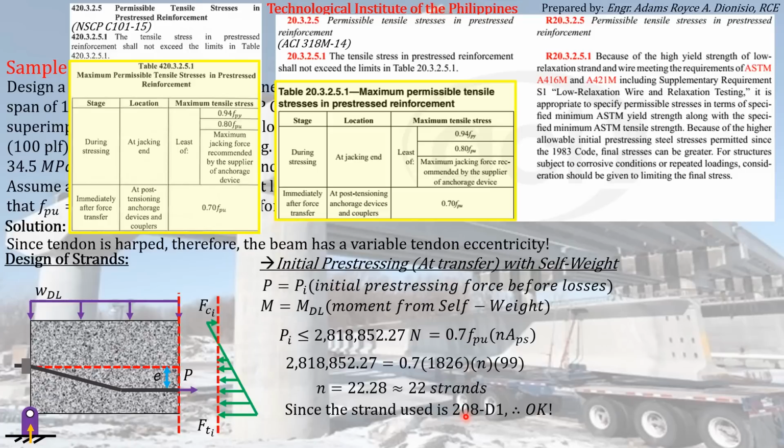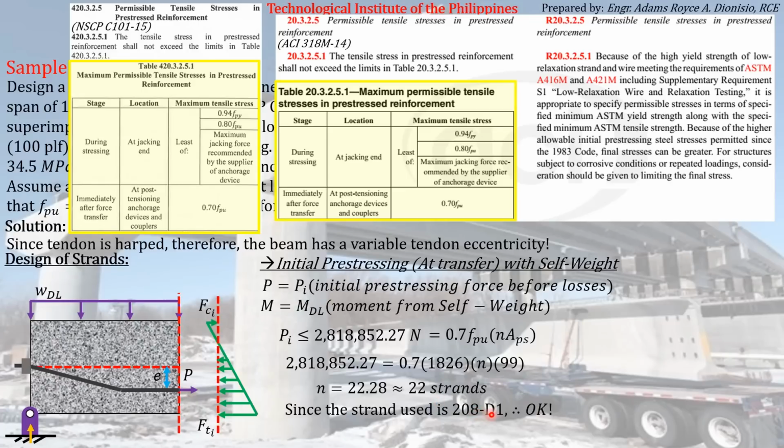So 20 means there are 20 strands in this particular strand pattern. The third digit here is actually the diameter of the strand with respect to 16ths of an inch. So meaning the diameter of the strand that is used here on this particular strand pattern is 8 over 16 inches, or simply 1/2 inch diameter, as already specified on the properties of 10DT34.